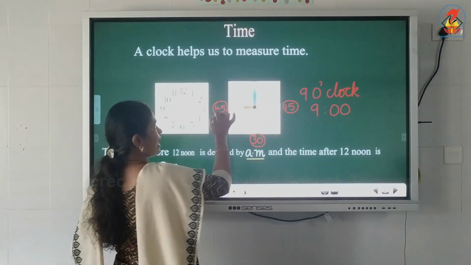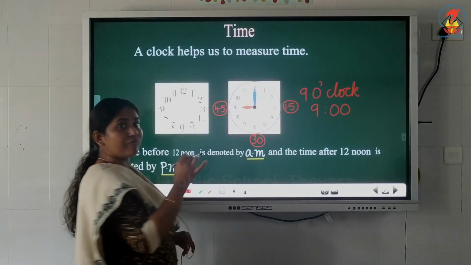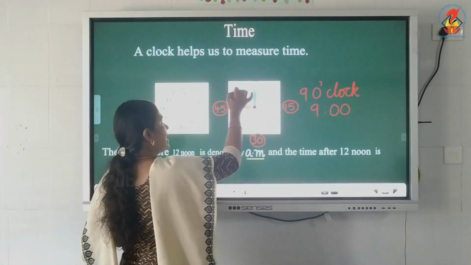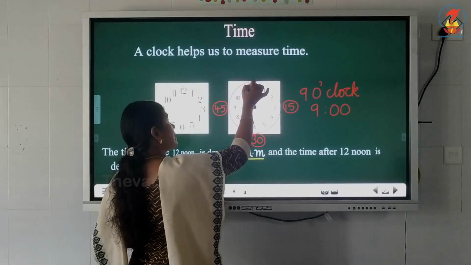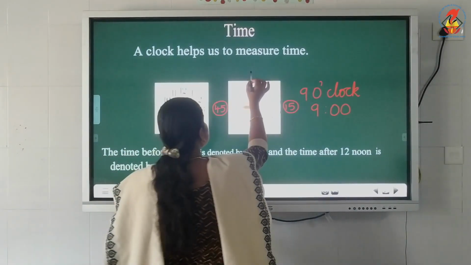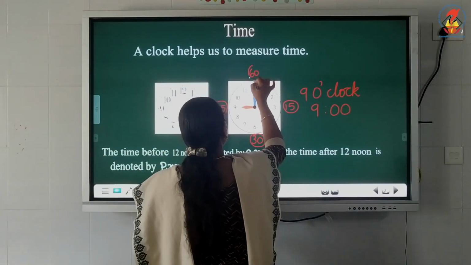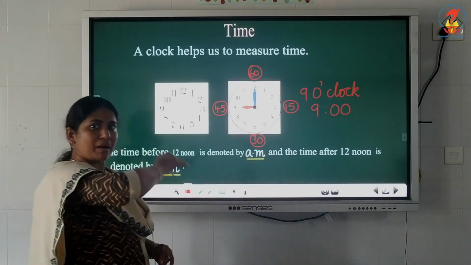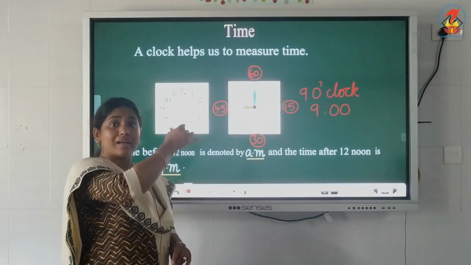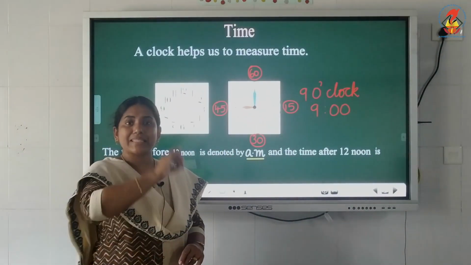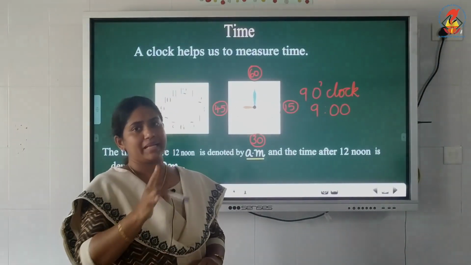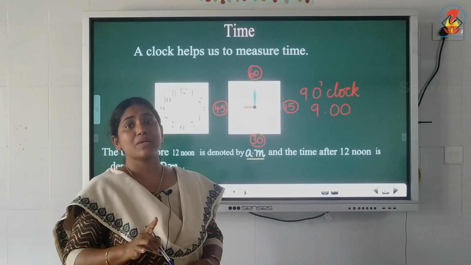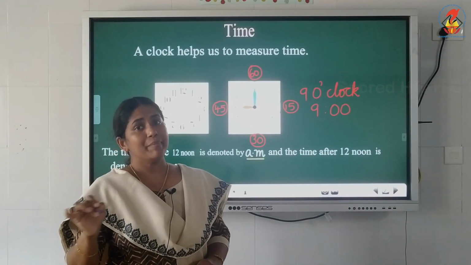Now after that, if it is on 10, 50 minutes, if it is on 11, 55 minutes, and finally if it is on 12, 60 minutes. So children, it completes one full round. So 60 minutes is completed, we can say 1 hour is completed. So 1 hour is equal to 60 minutes.